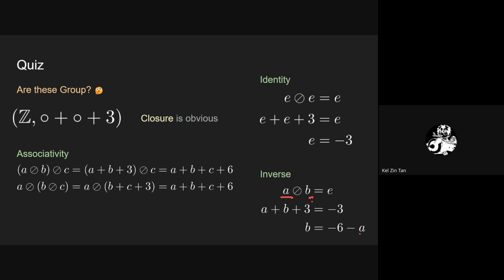Then I get my B is negative 6 minus A. So this means that A slash with negative 6 minus A will be equal to the identity, which in our case is negative 3. Although it seems a little bit artificial, this is a group, right? Because it satisfies all the 4 properties.